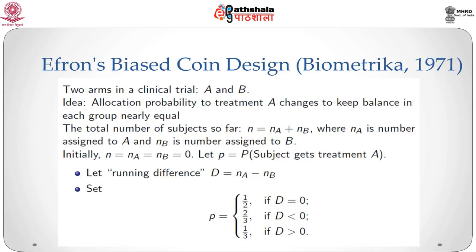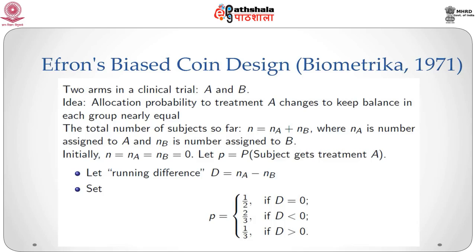Let us assume that so far small n equal to capital NA plus capital NB patients have been allocated, where NA is the number assigned to A and NB is the number assigned to B. Let P be the probability that a subject gets treatment A, and let us also define the running difference D equal to NA minus NB.